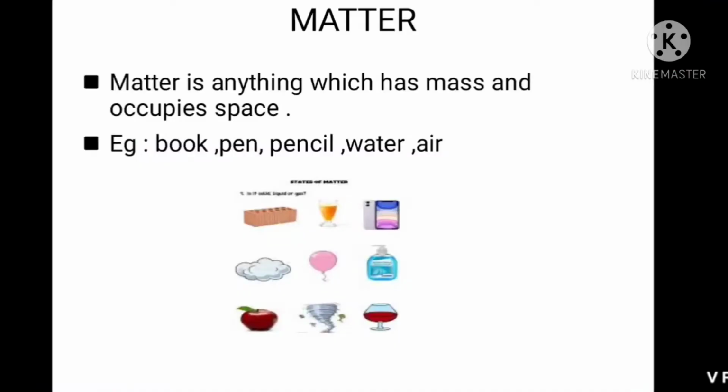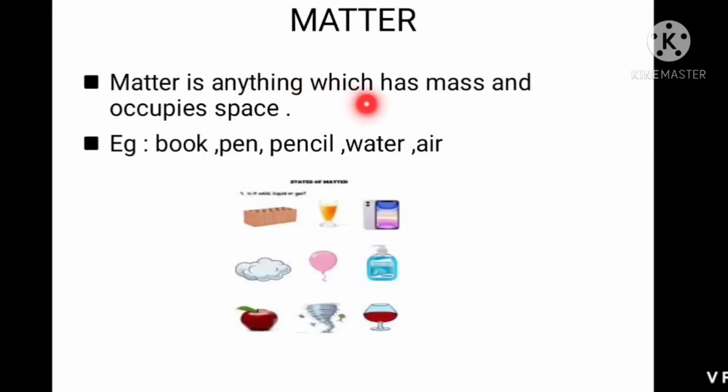What is chemistry? Chemistry is the branch of science that deals with the composition, properties and transformation of matter. Then what is matter? You are already familiar with the term matter from your earlier classes.